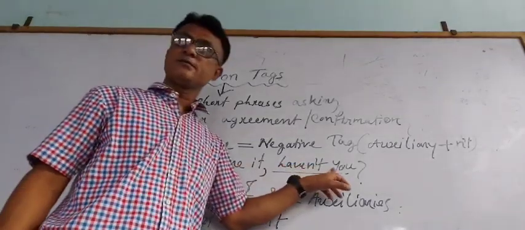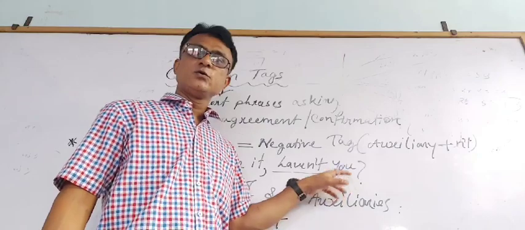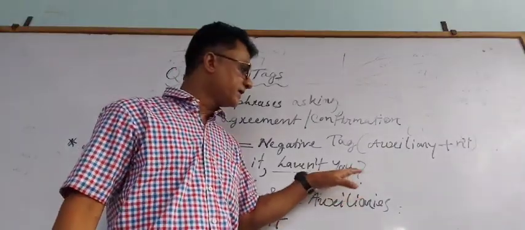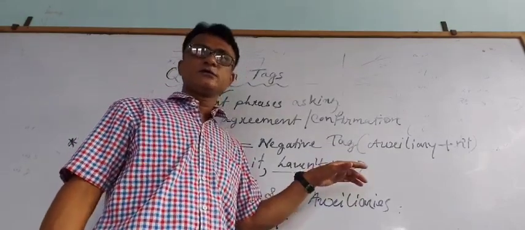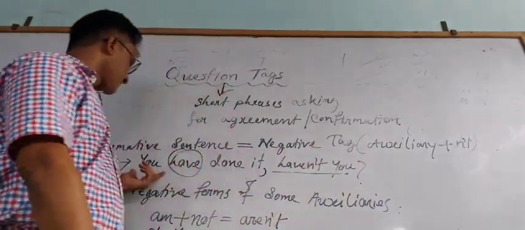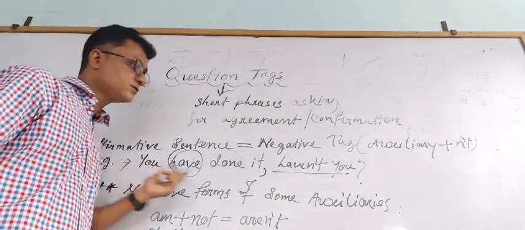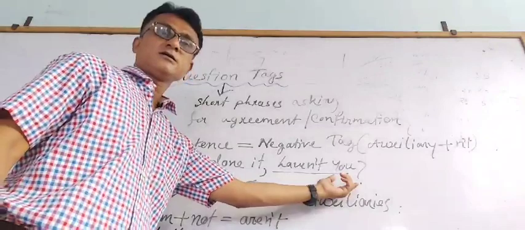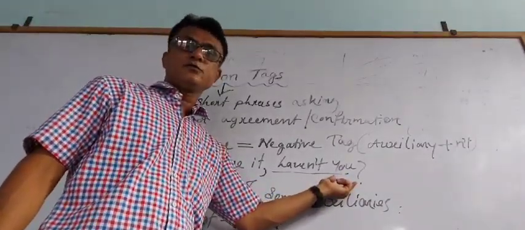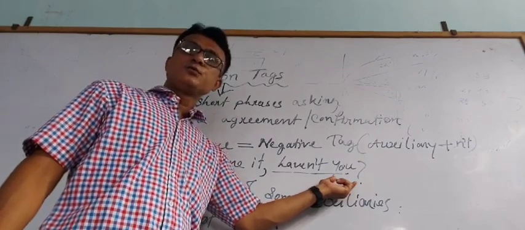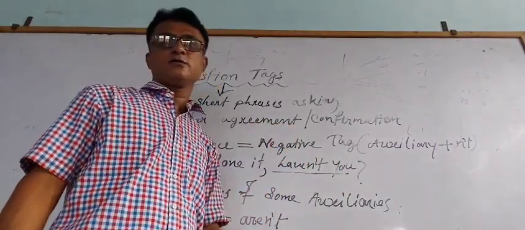So we have to remember here that in question tag we cannot put a noun, we have to put a pronoun. Suppose if here we would find any name, in the question tag we would not put the name, rather we would put the pronoun form of that name or noun.